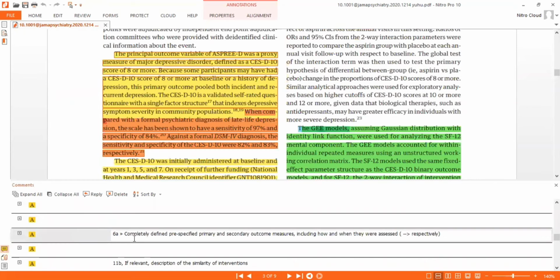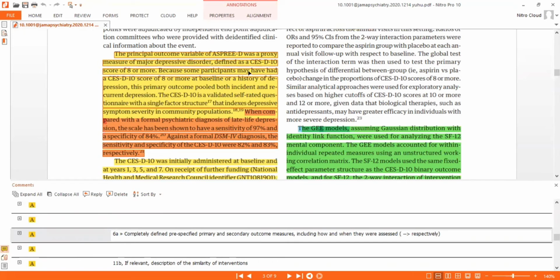Point 6a, completely define pre-specified primary and secondary outcome measures, including how and when they were assessed. The principal outcome variable of ASPREE-D was a proxy measure of major depressive disorder defined as a CES-D-10 score of 8 or more.